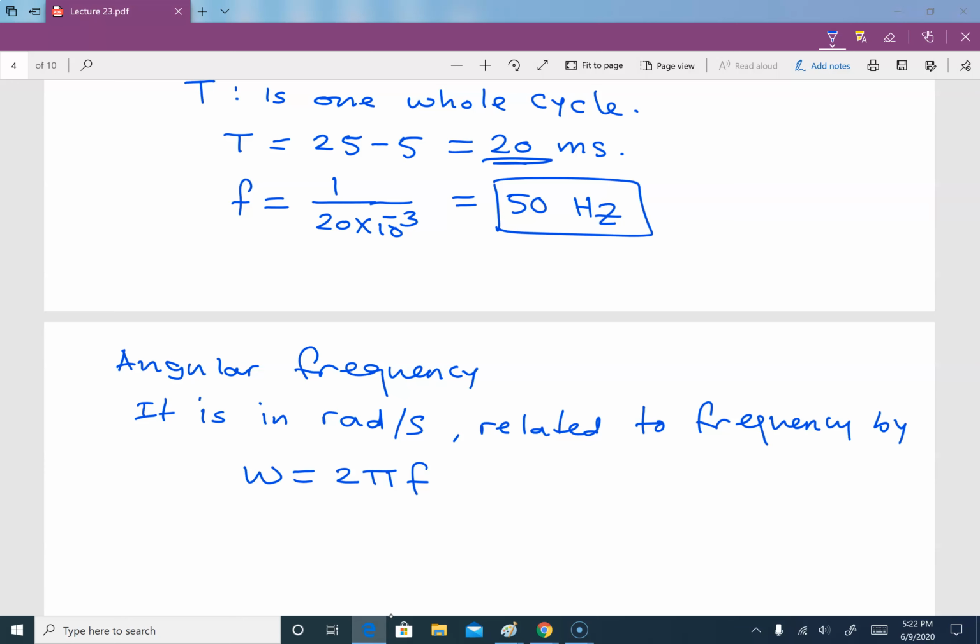This is our omega, and that is radians per second.